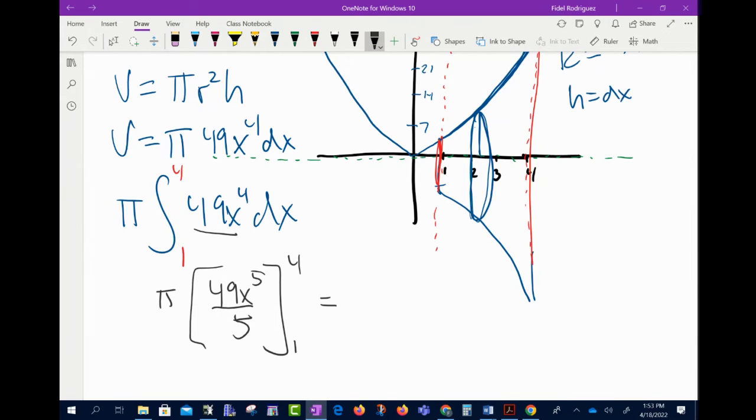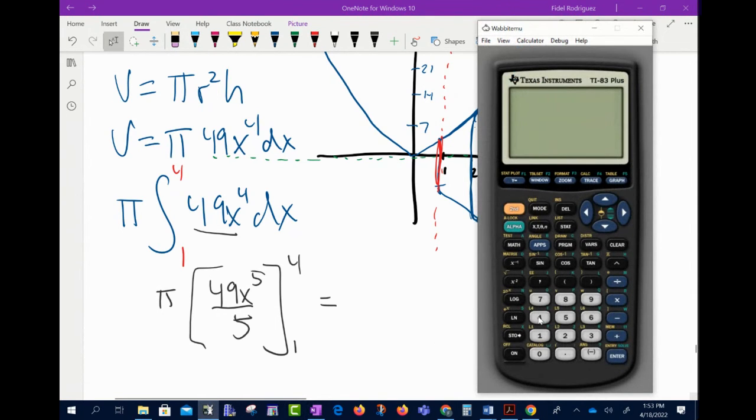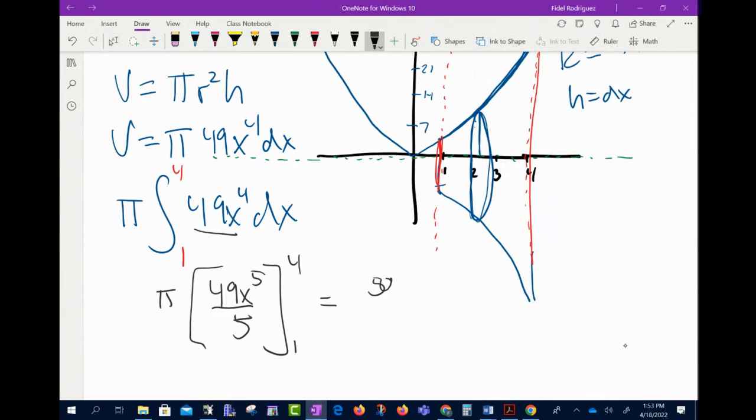Okay, so let's see. Let's do this slowly. So what I would probably do here, y'all, I'd probably say, what is 4 to the 5th power times 49? It is 50,176 over 5 minus, when I plug in 1, 1 to the 5th is still 1, times 49 is still 49, over 5.